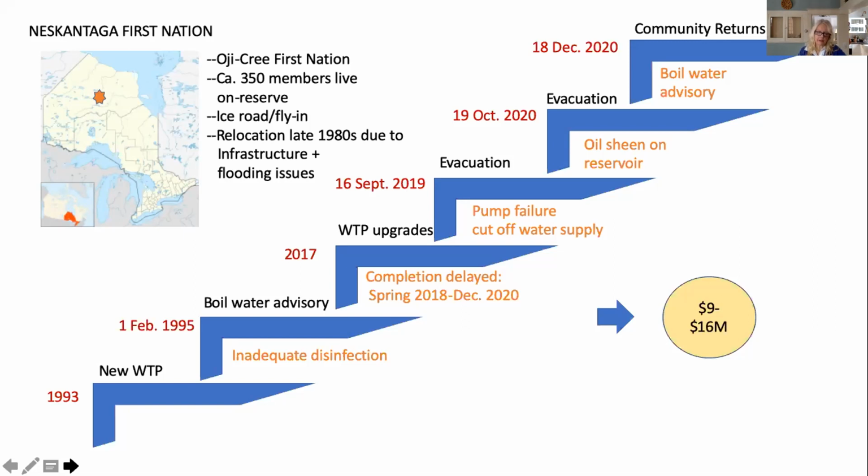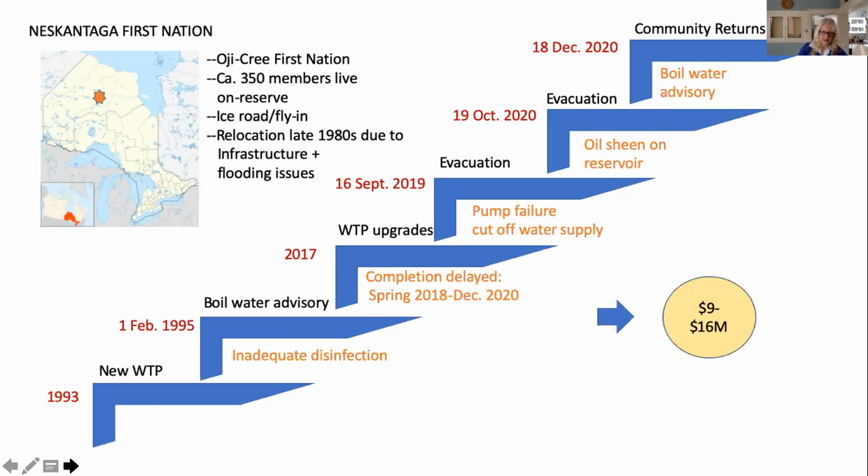In 2017, the process for an upgraded water treatment plant was started. It was supposed to have been completed in 2018, but wasn't. Pump failures cut off water supply entirely in 2019, which led to an evacuation. A little more than a year later, another evacuation followed, this time because there was an oil sheen on the reservoir.